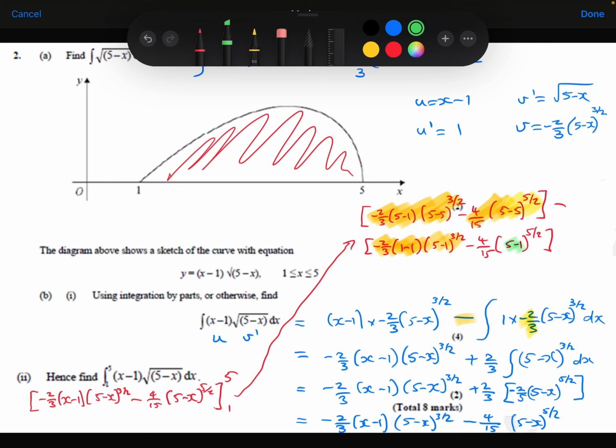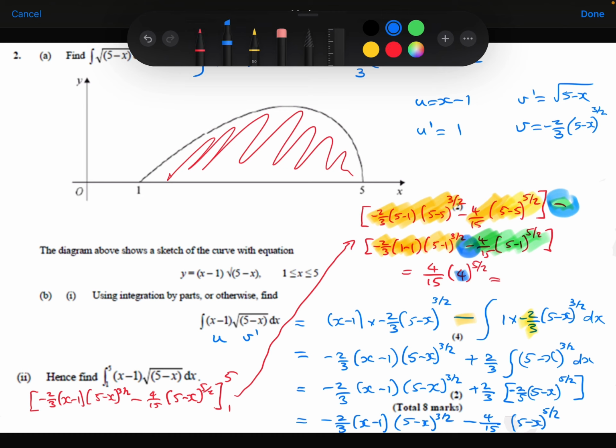The 5 minus 1 here, that's going to be 4. So this term is the only term that's not going to be 0. So we are left with all of this green. The minus and the minus here and the minus here will make this whole thing become a positive 4 over 15. And like I said, the 5 minus 1 is 4 to the power 5 over 2.